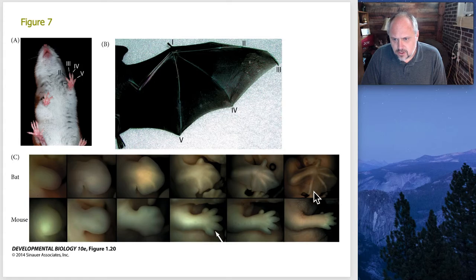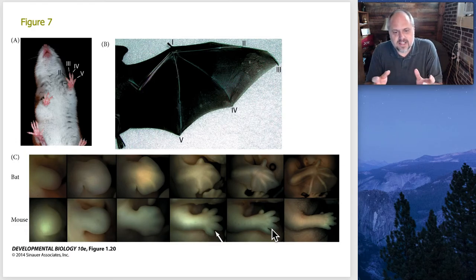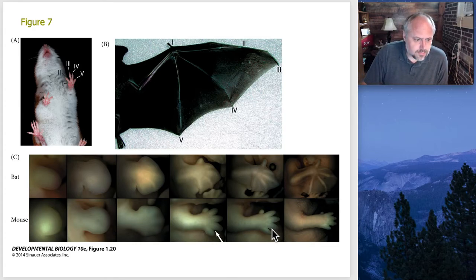You can see the long extended bones, you can see that webbing, and here you can see where the webbing is starting to go away. This is controlled by the same kinds of proteins that are expressed at different times for different durations, and that's what's responsible for these differences in different species.